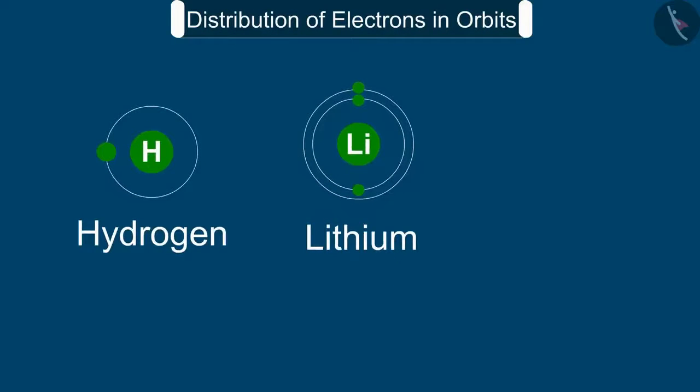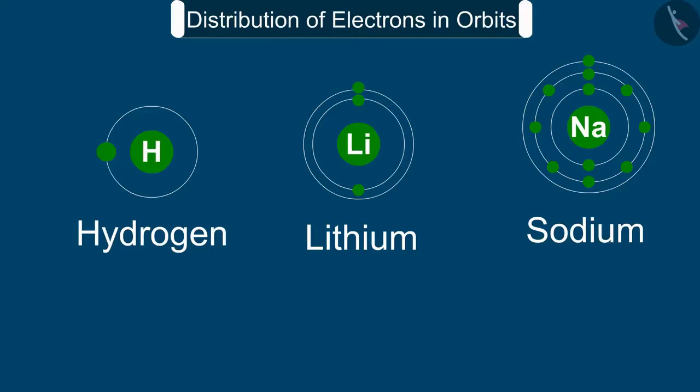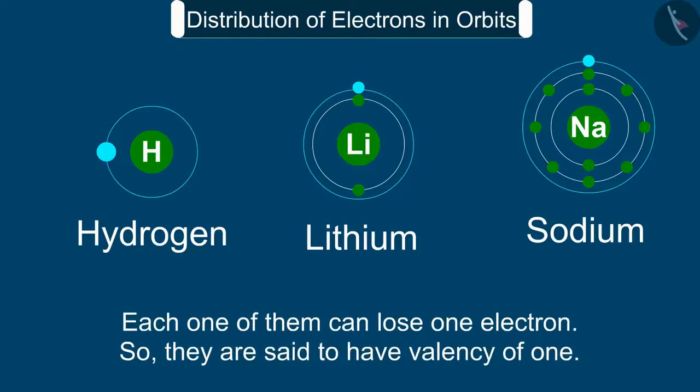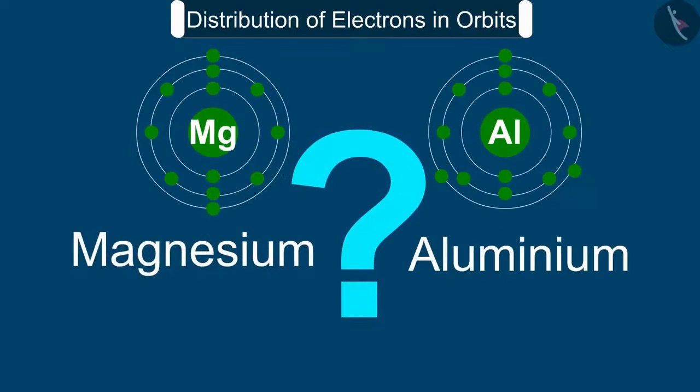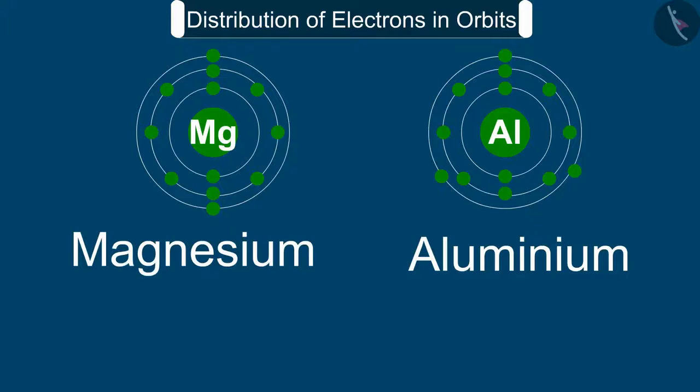Hydrogen, lithium, sodium atoms contain 1 electron each in their outermost shell. Therefore, each one of them can lose 1 electron. So, they are said to have a valency of 1. Can you tell what is the valency of magnesium and aluminium? Absolutely correct.